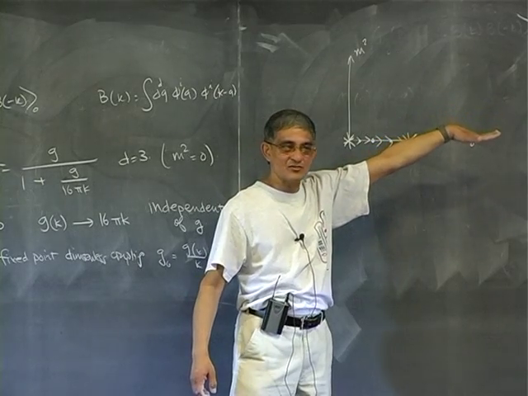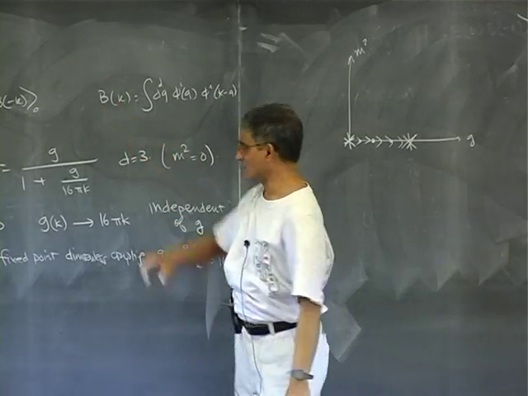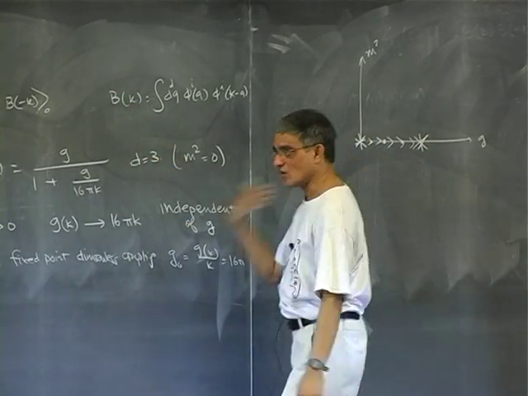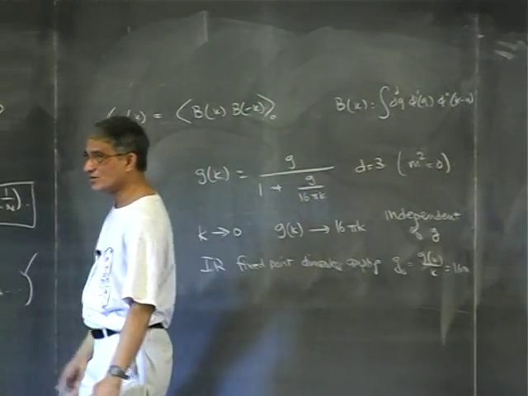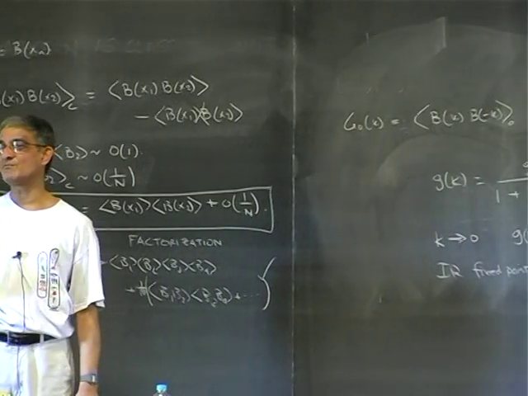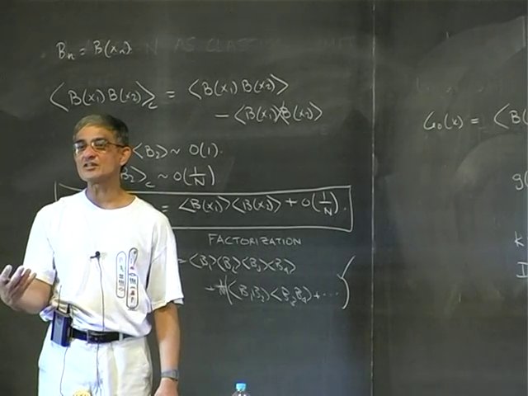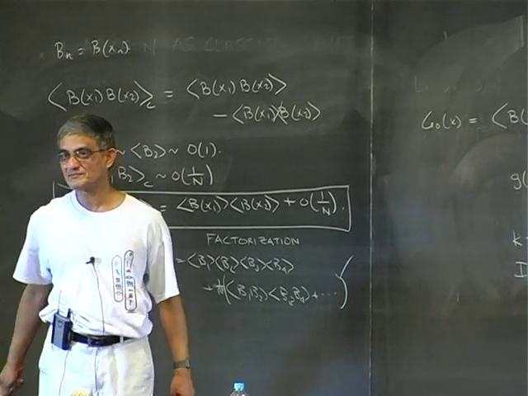Once I tuned m square to 0, it does not matter what the high energy theory is. The high energy theory is anywhere out here. The low energy theory is just governed by this fixed point. At that fixed point, by definition, the theory has correlation functions which are power law.